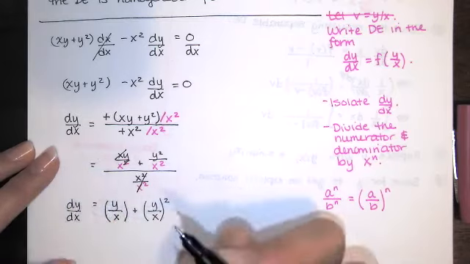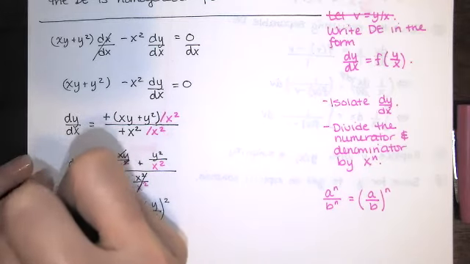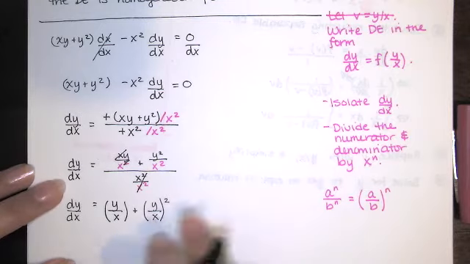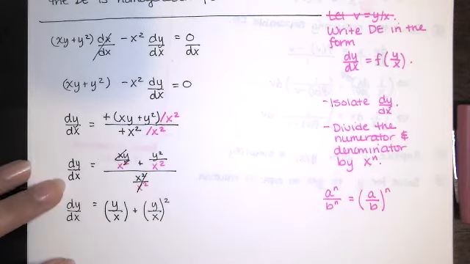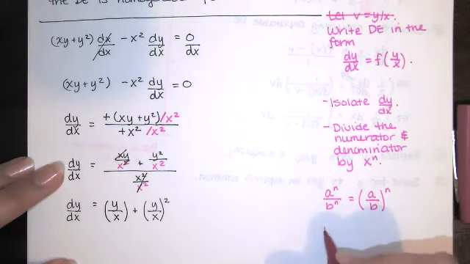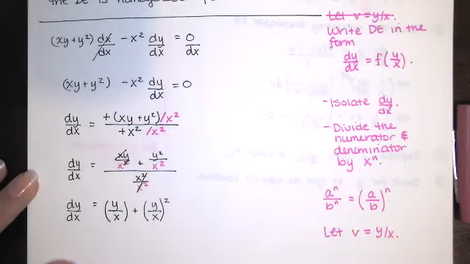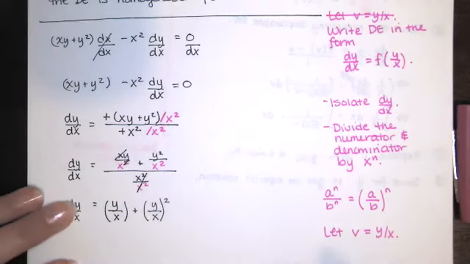Okay, so that's our first step. We write dy/dx as a function of y over x, and then we're going to let v equal y over x. And then we want to write everything in terms of x and v.